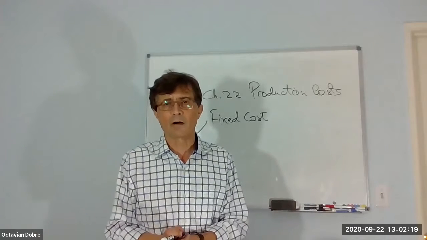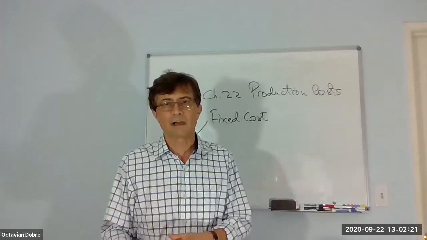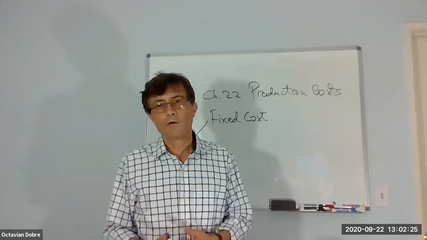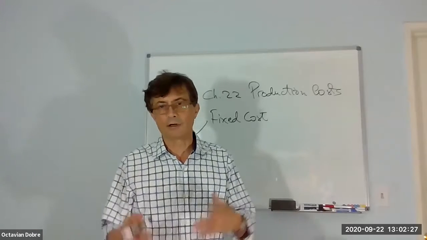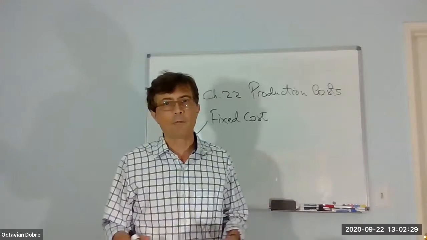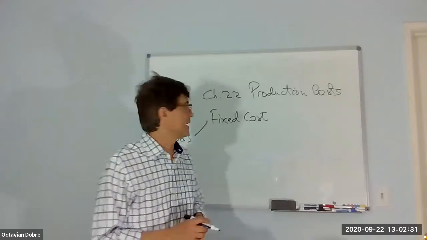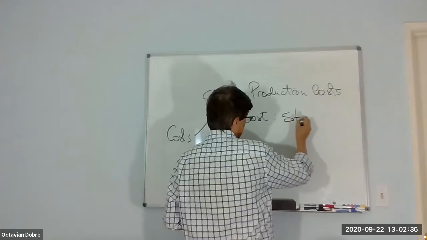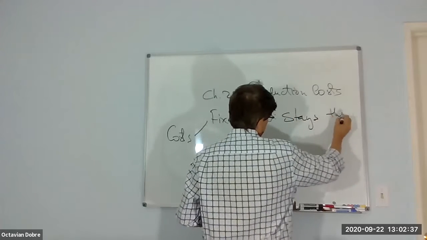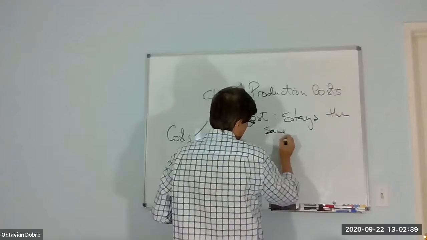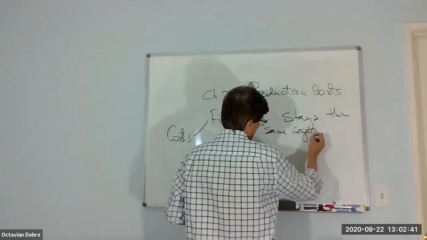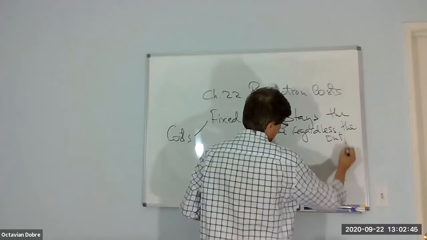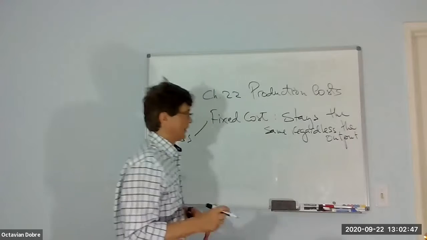An example of a cost like that would be the lease that you pay, okay? Rent or phone or something like that. It doesn't matter what the output is, the cost is going to stay the same. So fixed cost stays the same regardless of the output. Okay.